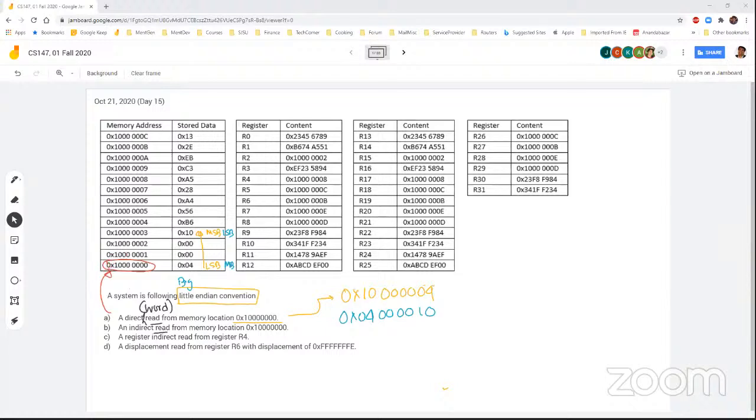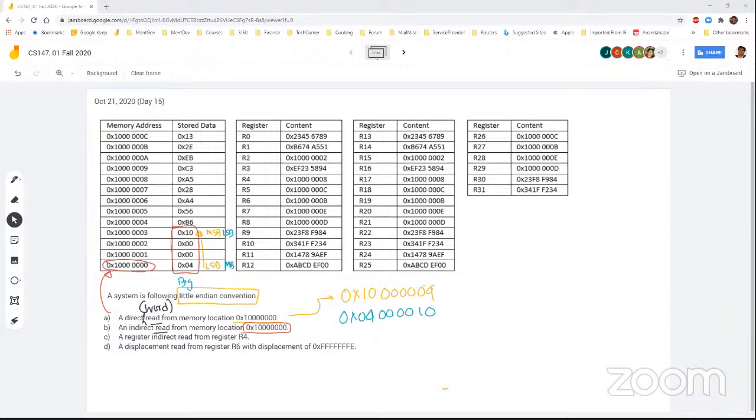Now, the next one is the indirect read from the memory location. What is indirect memory? It means we first read the given memory location, and we read it in Little Endian in this problem.